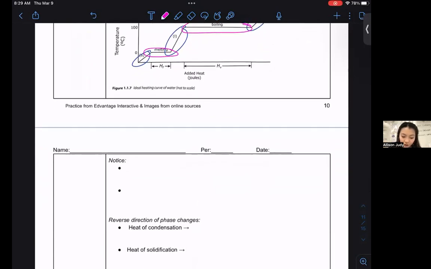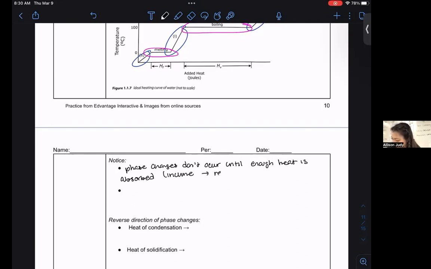And what you should notice is, one, phase changes don't occur until enough heat is absorbed, represented by the incline, and we have to reach our boiling or melting point temperatures.